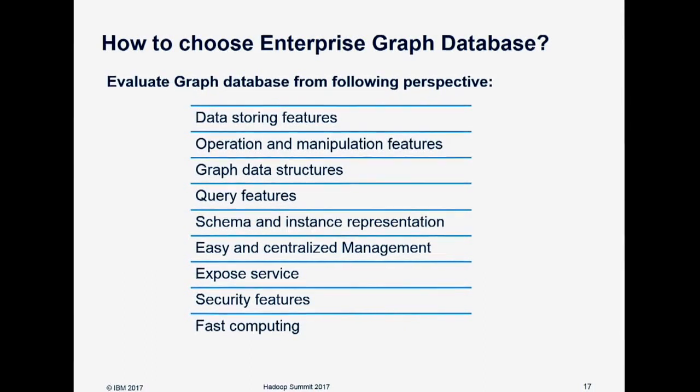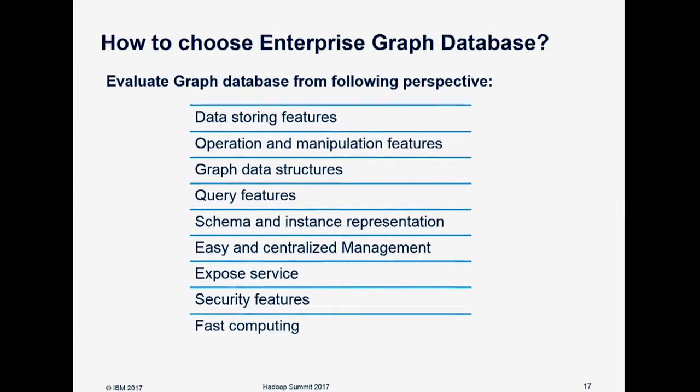And also, we want to look at the graph data structure and the query features. For example, what queries does it support, how do you traverse, how do you do computing on the graphs. I will talk about Titan later as well, because it supports the Gremlin traversal language. For the graph data structure, how do you model the data, the vertex, edge, and can you have in and out edges among the vertices, or can you have different relationships?